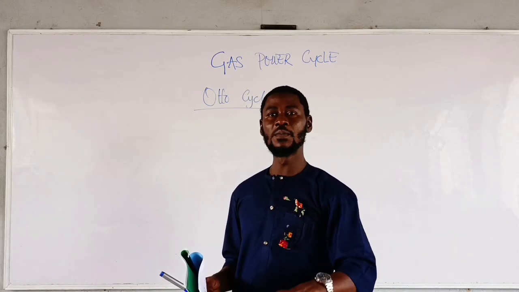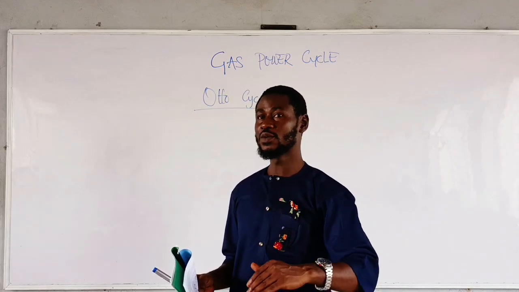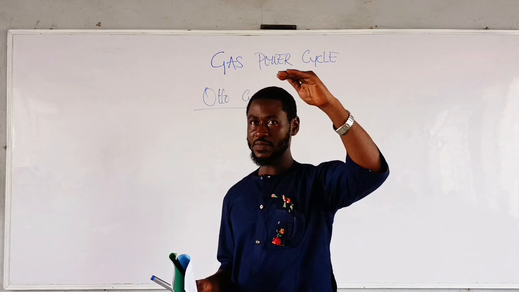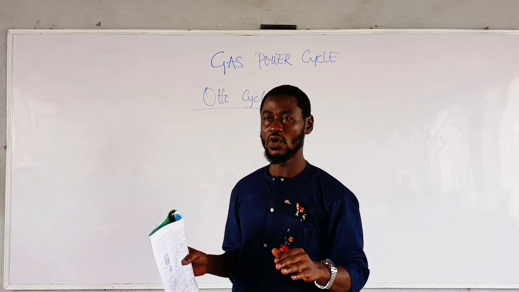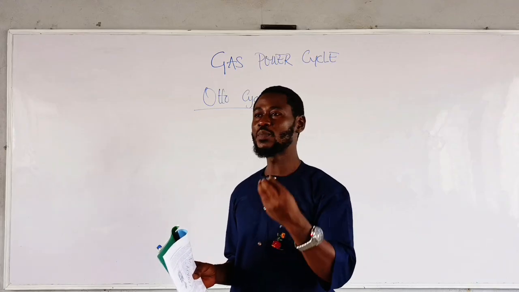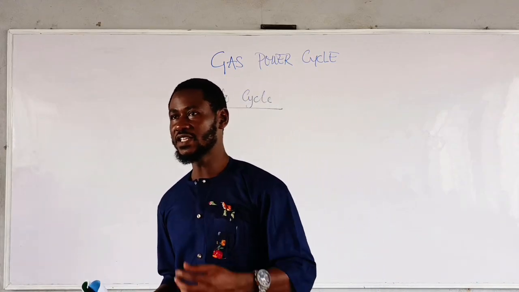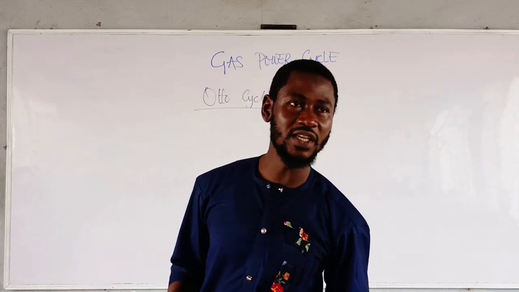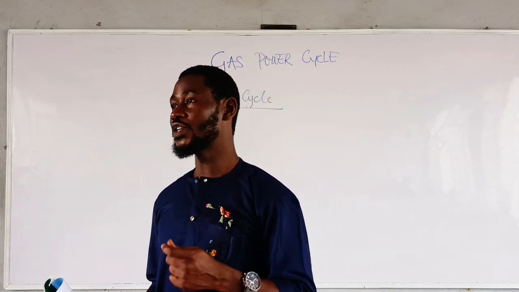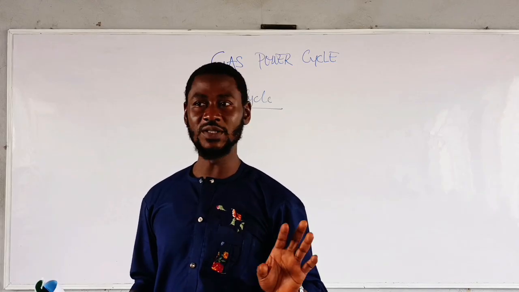When it moves from down, which we know as the BDC, to the TDC, what happens to the volume occupied by the fuel? And what happens to the air? What happens to the two valves? There is a particular valve called the inlet valve, and the other one is called the exhaust valve. So now let's pen down something.